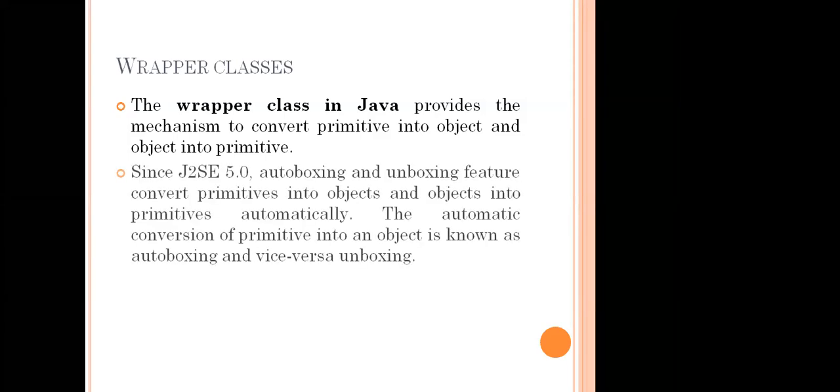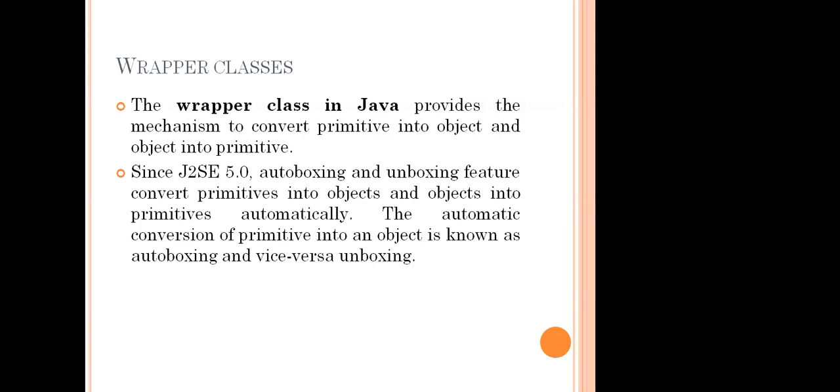Since J2SE 5.0, this concept in wrapper classes is called autoboxing and unboxing. These features convert primitives into objects and objects into primitives automatically. The automatic conversion of primitives into an object is known as autoboxing, and vice versa.